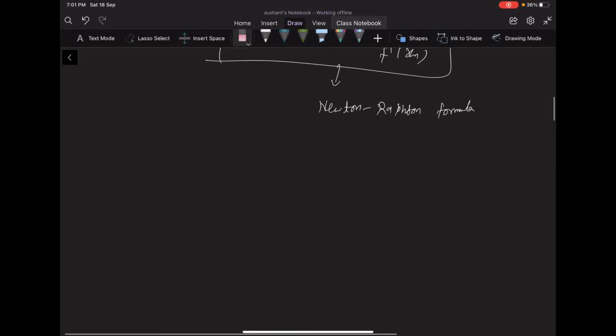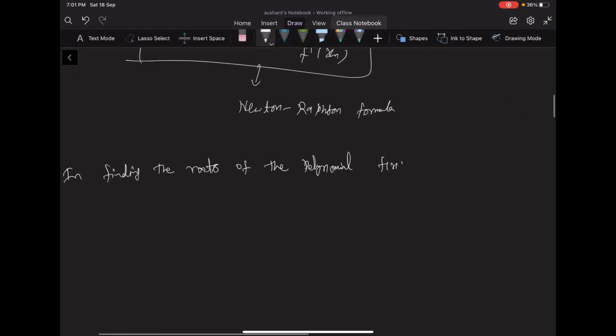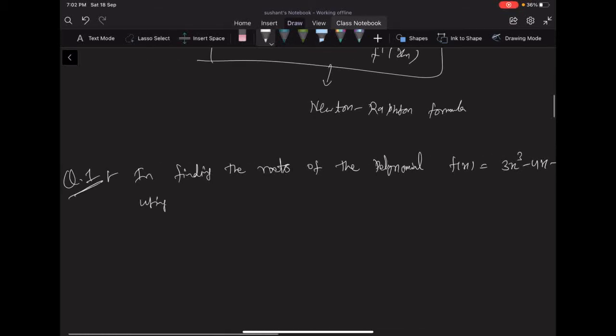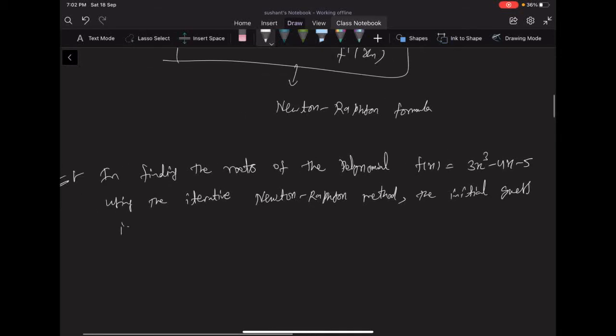Okay, so the first question is, in finding the roots of the polynomial f(x) equals 3x cube minus 4x minus 5 using the iterative Newton-Raphson method, the initial guess is taken to be x equals 2.